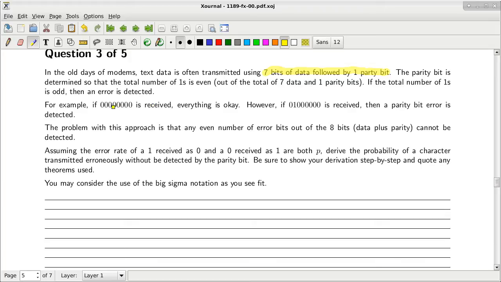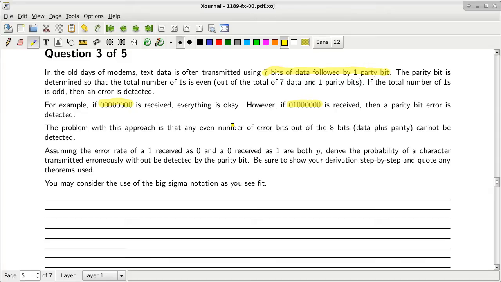So I give you an example as well. If all zeros is received, then there's no detected error because 0 is an even number. On the other hand, if 0, 1, 0, 0, 0, 0, 0, 0 is received, then we have an odd number of ones in the received bit pattern, and there's a problem.